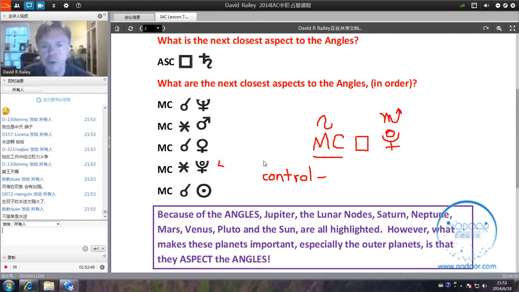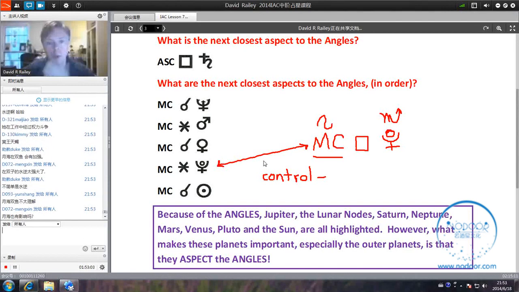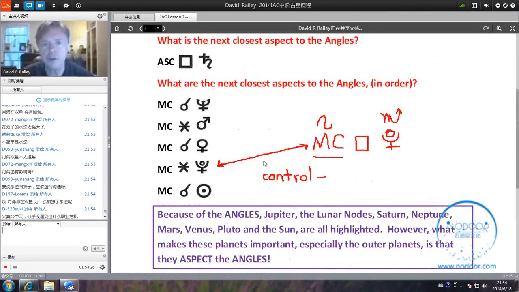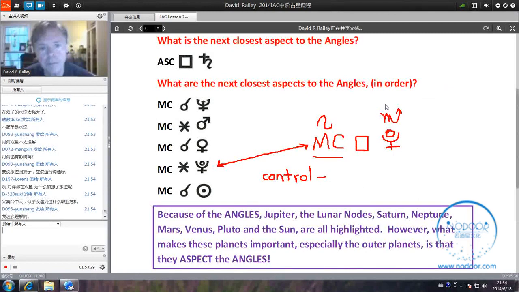In my own case, Pluto is sextile the midheaven rather than square. And we know from looking at the chart that the Sun is also sextile Pluto, very closely. We know that's the closest aspect with the Sun, right? Okay. All right. So let me tell you a story.